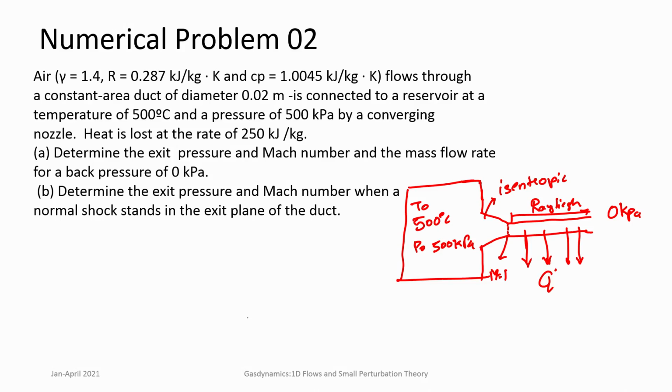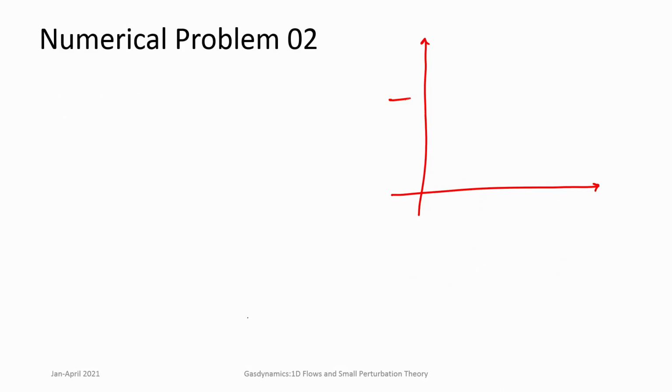Okay. And after that you have a Rayleigh flow and there heat is removed. So, let us see this point on a Rayleigh curve TS diagram. This is the case that is being discussed. Draw the Rayleigh curve. This is the maximum stagnation temperature point, and at the entry to the Rayleigh curve Mach number is 1.